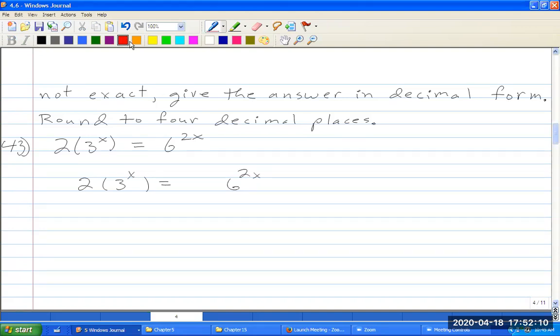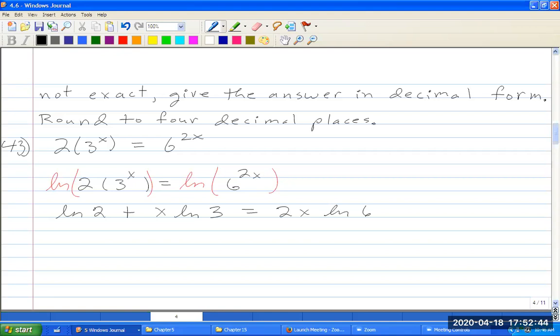Let's take ln of both sides of my equation. Let's simplify each side. Since I have ln of a product, there'll be the sum of the ln, so ln 2 plus, I'll bring the exponent out front, x ln 3, equal, I'll bring the exponent out front, 2x ln 6.